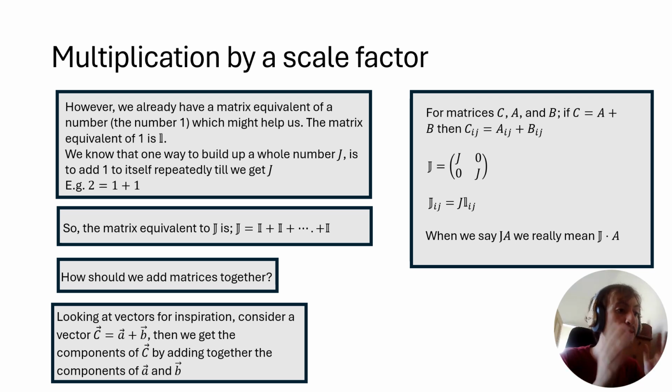So now we have a matrix equivalent to J, we can now make sense of what A minus J would be. We just replace the J, which is our eigenvalue, with its matrix equivalent. And that will allow us to then make sense of the term we had in brackets, and thus help us immensely in solving the eigenvalue equation.